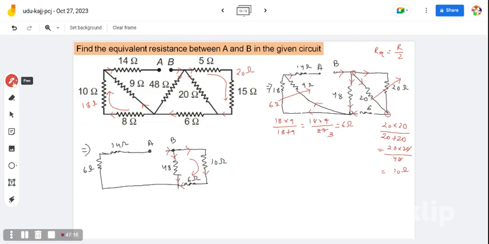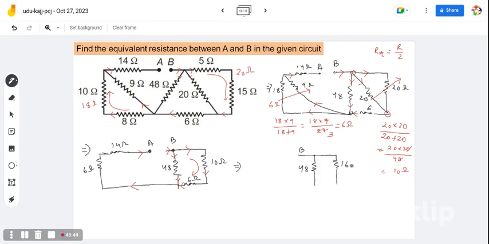So we again further reduce, and now see this, the current will come here and the same current flows up to this. So when we further reduce it, what we get? Through point B, now two branches are there, 48 ohms, and here we get another branch which is being reduced for the series combination of 10 ohm and 6 ohm.